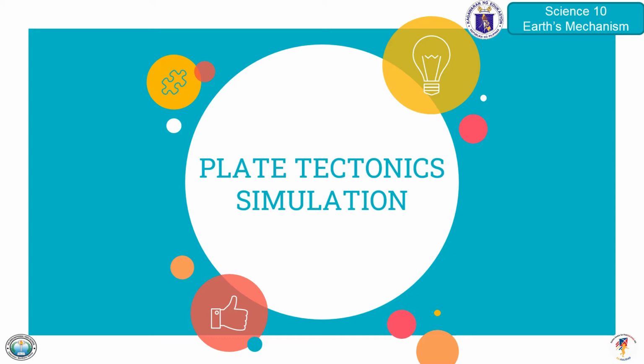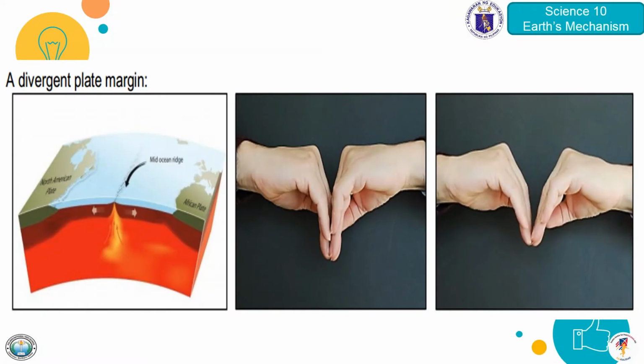Now that we have already unlocked the key concepts, we would now proceed with the simulation of plate tectonic movements among boundaries. Imagine your hands represent the tectonic plates. Each movement represents a type of process that happens along the boundaries.